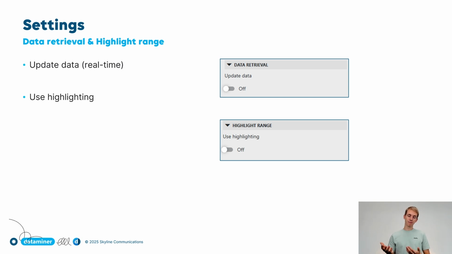The data updating, it will be very dependent on the underlying data that you are using within the component. If the data supports real-time updates, you can choose here to update that data, but it all depends basically on the GQI data source that you're using at the moment.